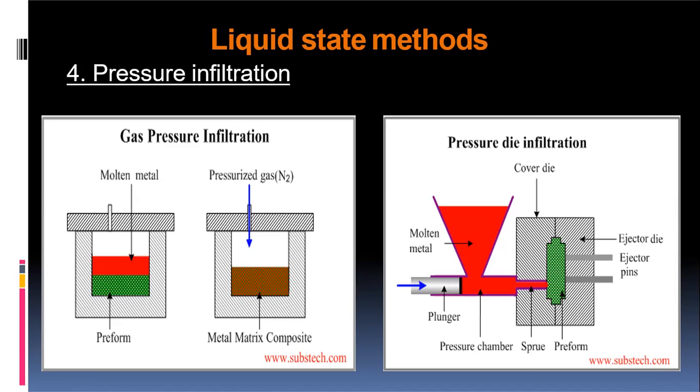In the gas pressure infiltration, a preform is already designed like a mold, and then the molten metal is poured into the preform. Then pressurized gas is applied through the pipe, by which the molten metal is completely infiltrated into the preform. So this is called a composite.